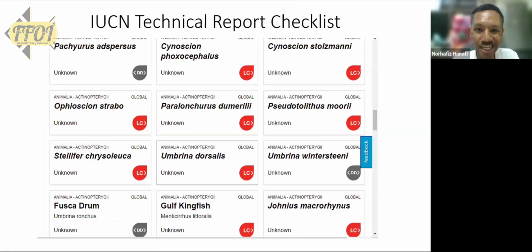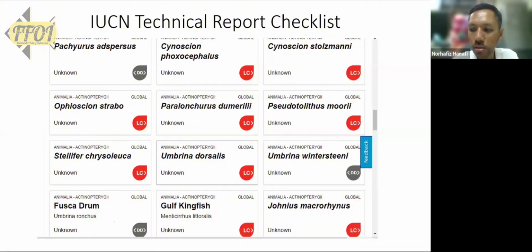Another thing, I just want to inform you all about the IUCN technical report checklist. You can go to the IUCN. I'm sorry, I forgot to attach the link, but I can give it to Marcel or to the group. You can download all the technical reports, because I was also involved in about 40 technical reports.